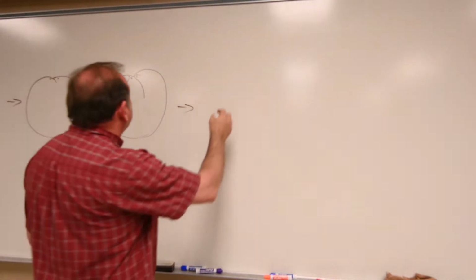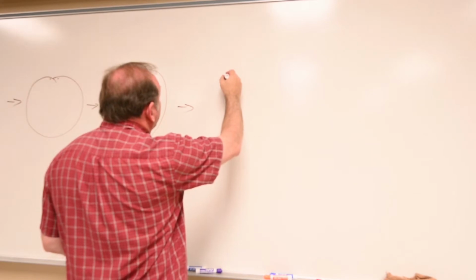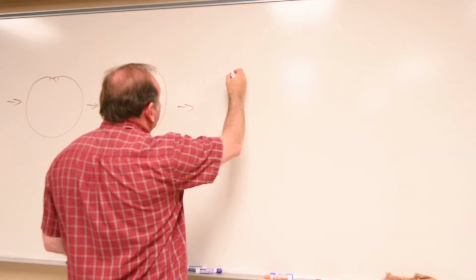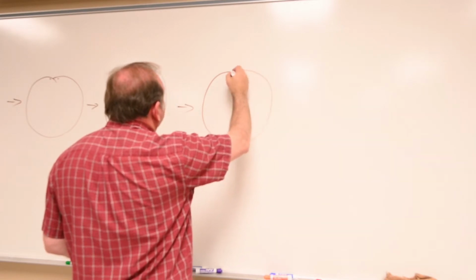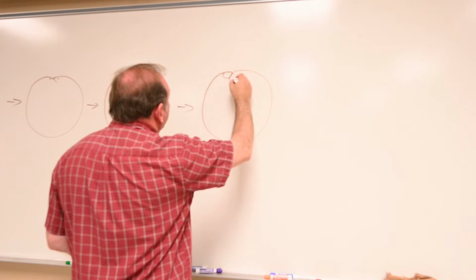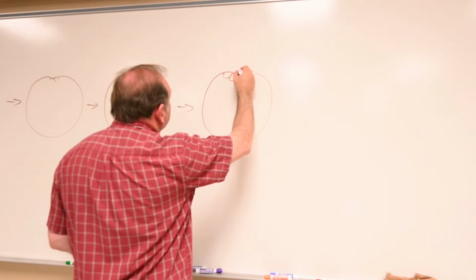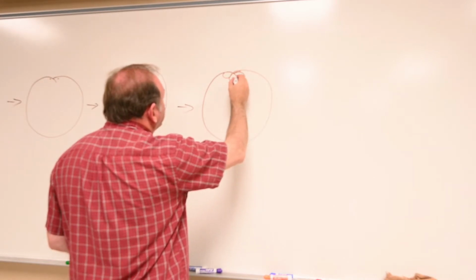Continued divisions lead to the formation of the 8-cell stage, and in the 8-cell stage we begin to see some individual cells populating the top of the embryo that are rather small.